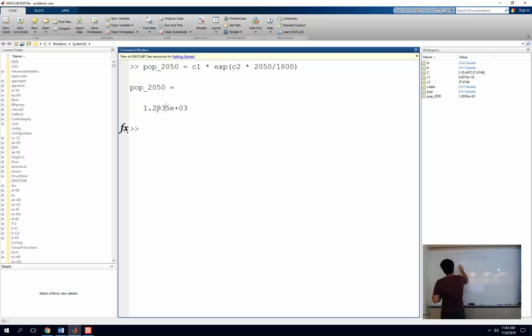And then population is C1 date to the power of 3 plus C2 date to the power of 2 plus C3 date plus C4. And then the fourth model is now that exponential thing. So I have 4 models to evaluate.